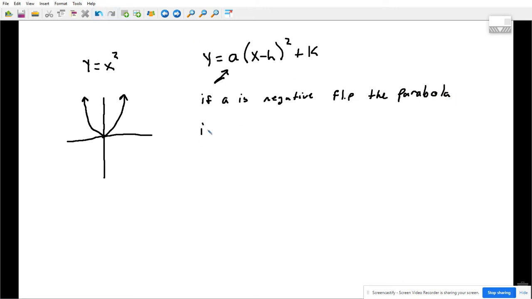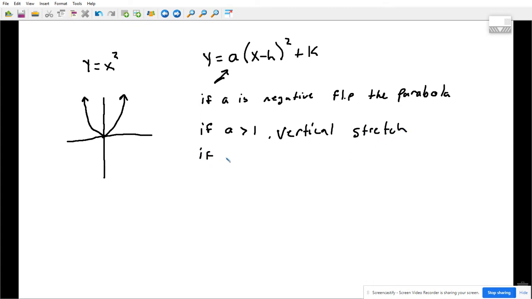Okay, if A is greater than 1, so this A, the number right here, see there's a number A right here that you don't see, it's number 1, then the graph is going to get skinnier, okay? We call that a vertical stretch. So it's going to have a vertical stretch.